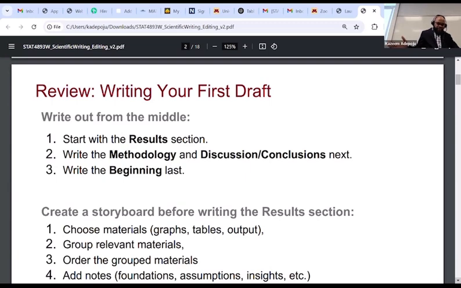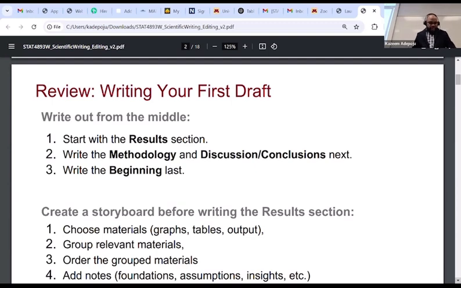So, like I said, you're going to focus on core scientific content first before you try to refine the introduction, literature review and so on. That was why I said writing from the middle: you're going to start from the result section.